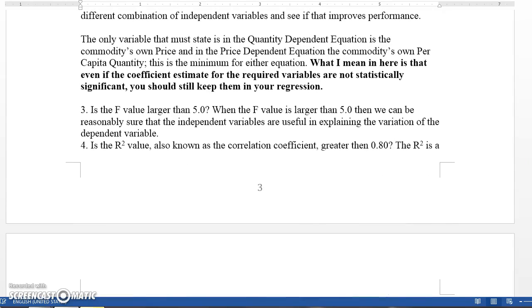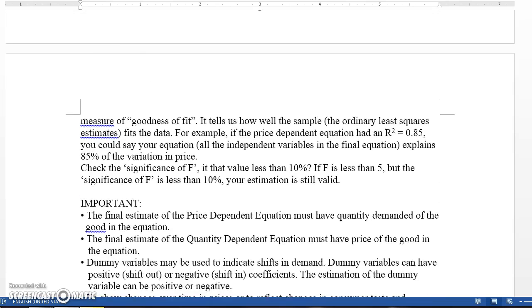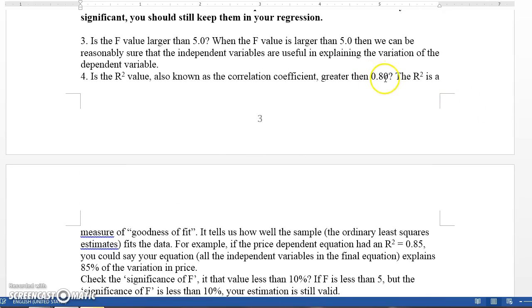I've also mentioned many times in the lecture that I want you to check the F value and make sure it is at least 5, so you want it to be greater than or equal to 5. I also mentioned the R-square value needs to be 80% or above. These two values help us understand the goodness of fit of your model, that is, whether the model is valid.